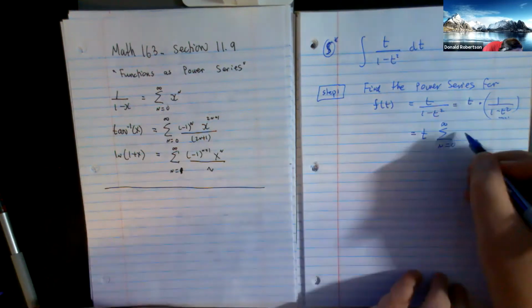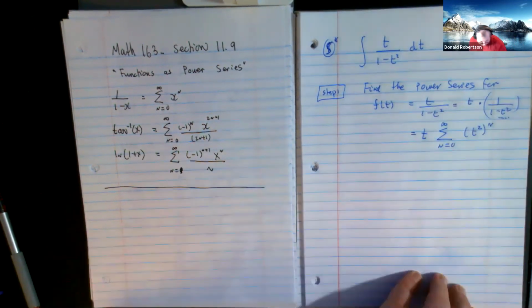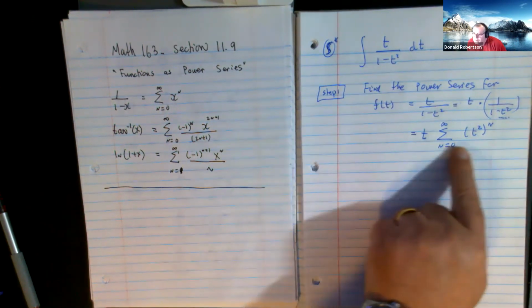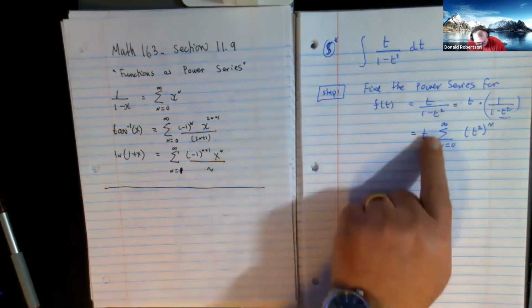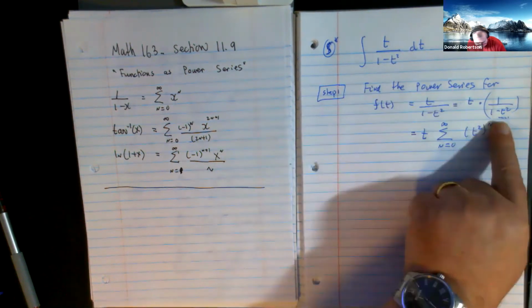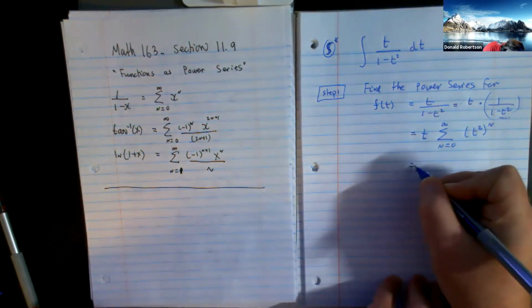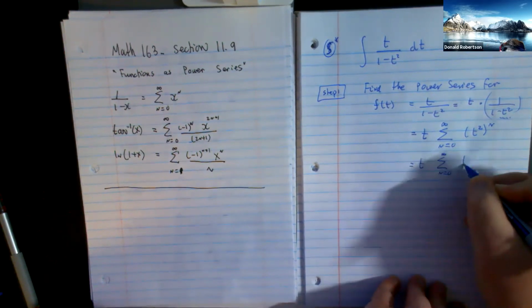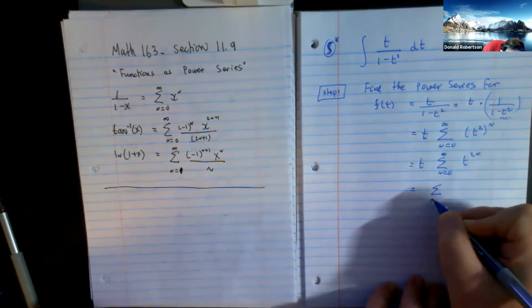So I'm going to have just t squared to the power of n. Are you happy about this becoming that? Right. The t is here, and the 1 minus t squared basically tells us to substitute in a t squared. And so I'm now looking at n equals 0 to infinity of t to the 2n. And now I have my power series.